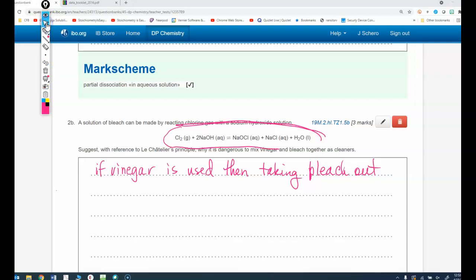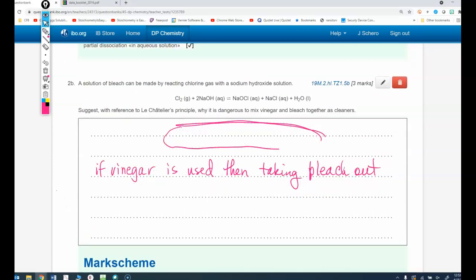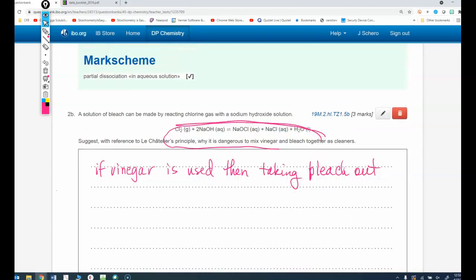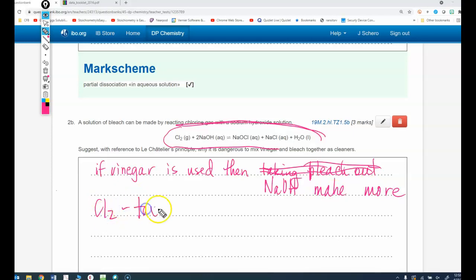I want to know what this says myself here. So we are going to scroll down and take a look at the answer. Ethanoic acid reacts with NaOH. Oh, we are not reacting the bleach with the vinegar. Then what we are actually doing, if vinegar is going to react with the NaOH, it will make more Cl2, which is a toxic gas.